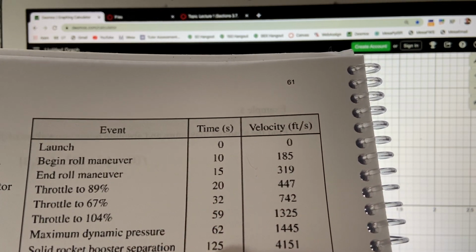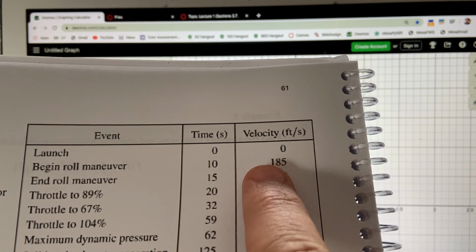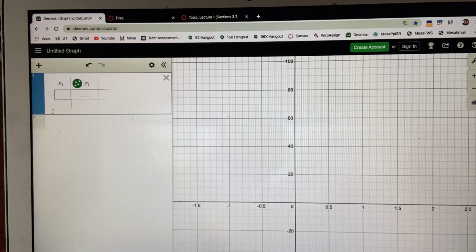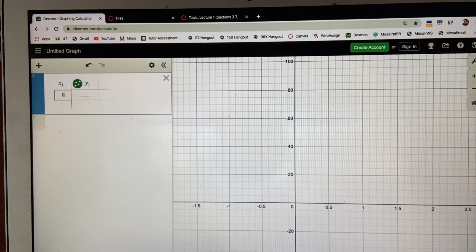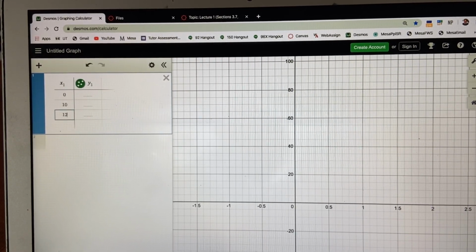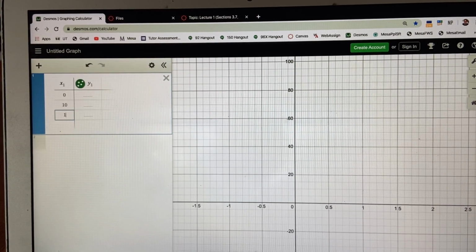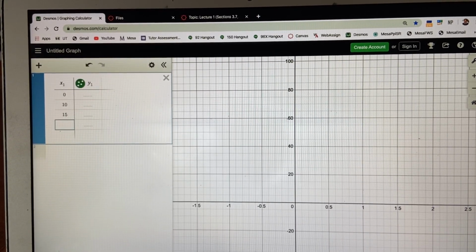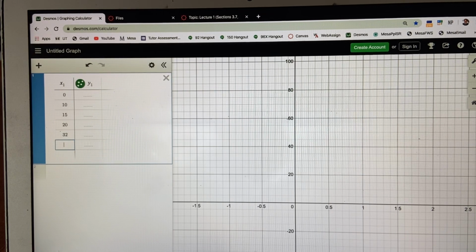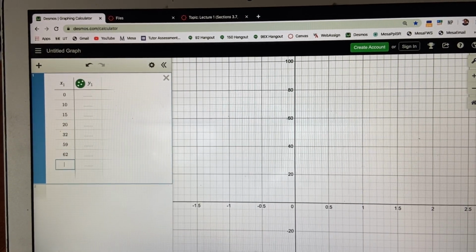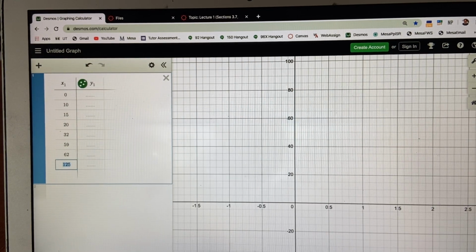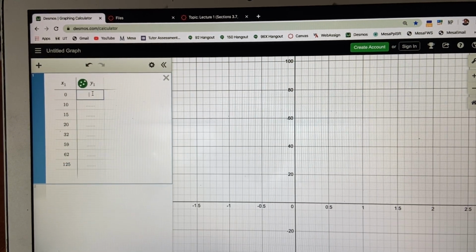That'll be my time, and then in the right column, I'll type in all the velocities. So I'll have 0, 10, 15, 20, 32, 59, 62, and 125 for time.